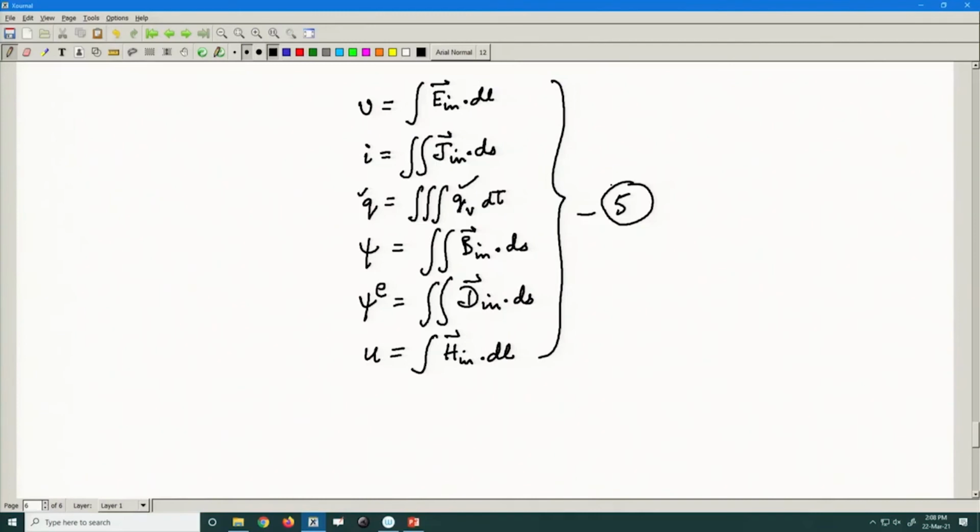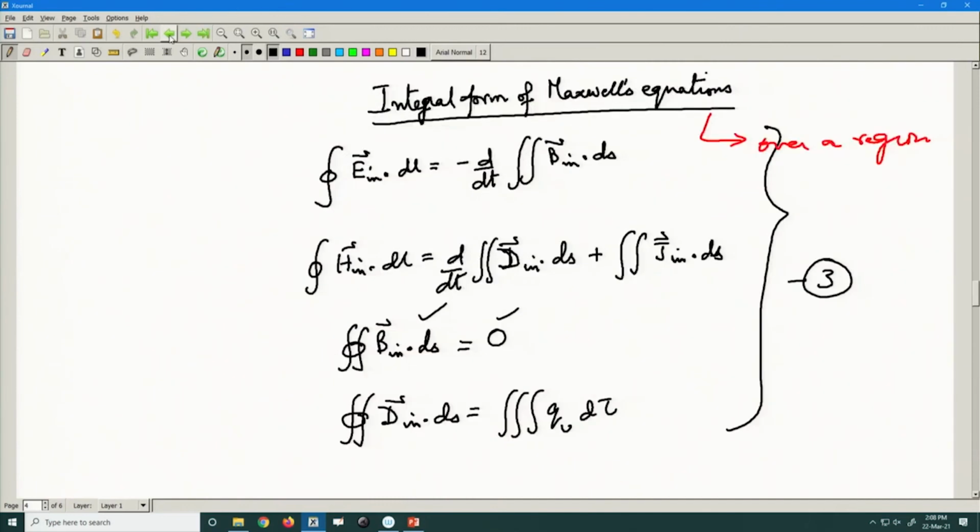Equations 1 to 4 are called the field equations because they only involve the field quantities. The corresponding equations for the circuit quantities are called circuit equations. Now, corresponding to equation number 3, we can write the equation in the mixed field and circuit form.